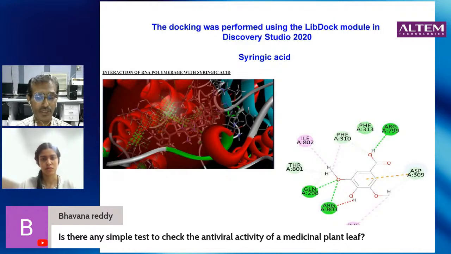The SMILES structure will be readily available there. You can put the SMILES structure in PubChem or the PASS online server, and then you can see what kind of activity it predicts. All these things are again predicted with a certain level of probability, and all these predictions are based on the already available data.